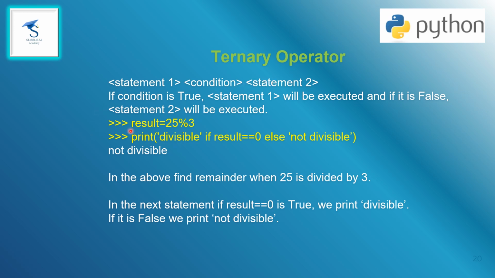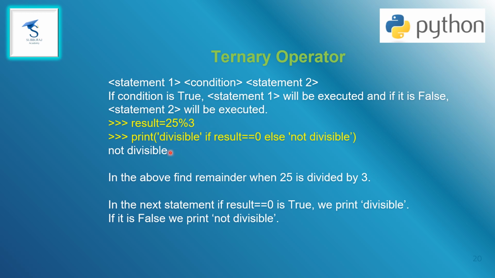So let's take an example. A result is equal to 25 percent 3, 25 modulus 3. What will it be? It will be 1. Print divisible if result is equal to 0, else not divisible. Our answer was 1. The remainder was 1.